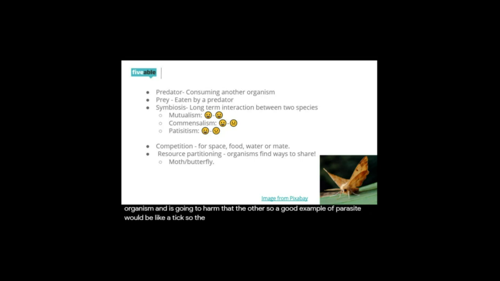The host is not happy about having the tick on it. It's taking its blood, and the tick is very happy about its relationship and how it is taking from the other one. So those are all a little bit different, just in how they react to one another, whether or not they're very happy or they don't really mind.